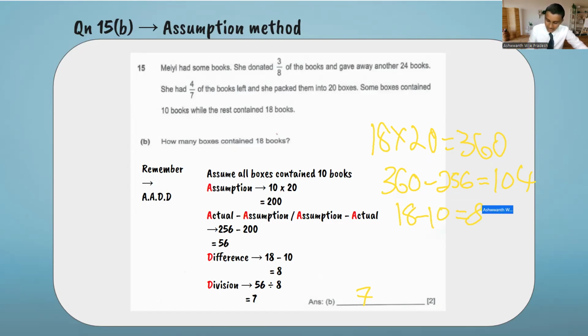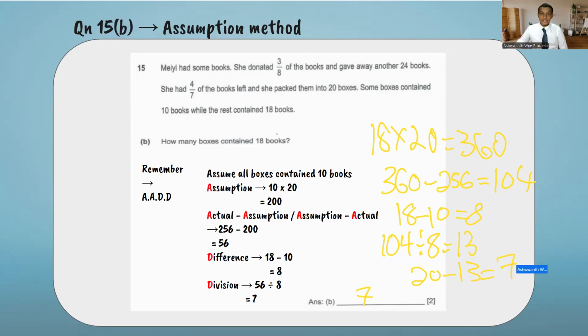Then you take 104 divided by 8. You should get 13. So you must do a last step of taking 20 minus 13, which is 7.